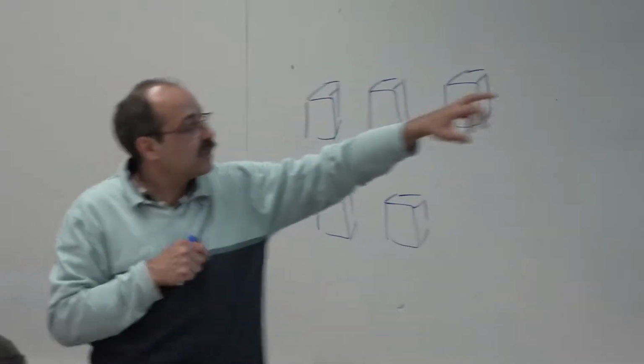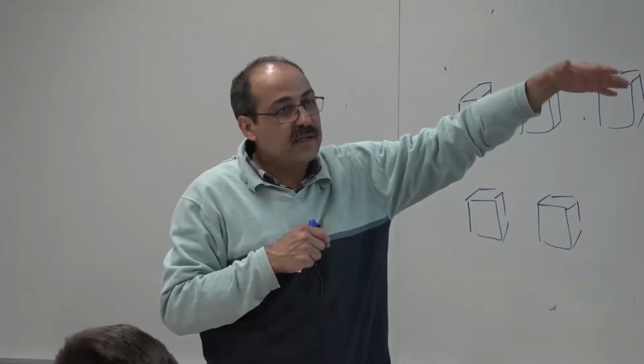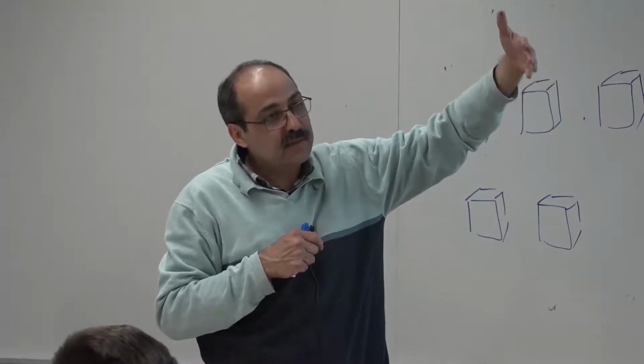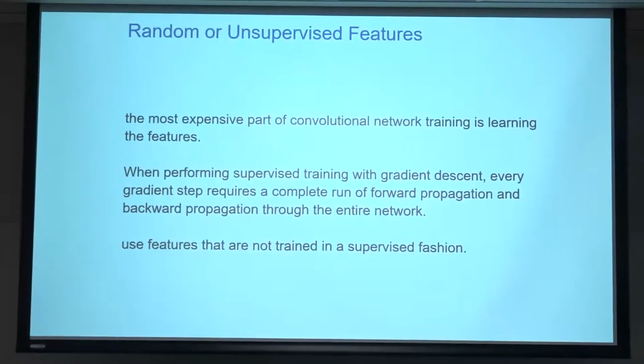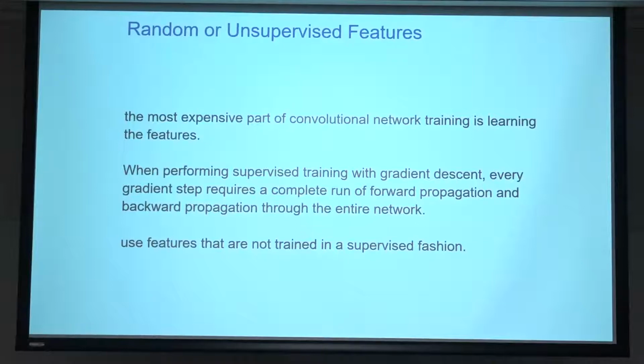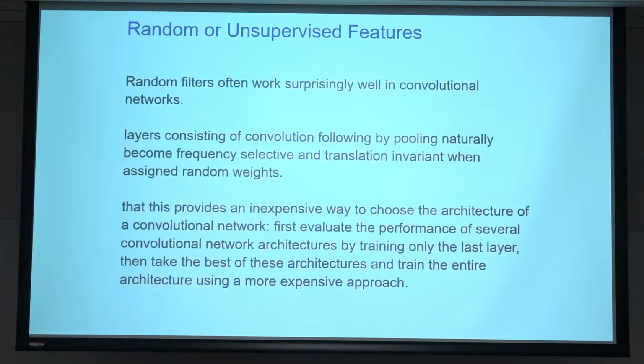So these kernels are learned, but they are not random; they are learned in some sort of unsupervised manner. So one of them is just initializing them randomly, and the other one is unsupervised learning.